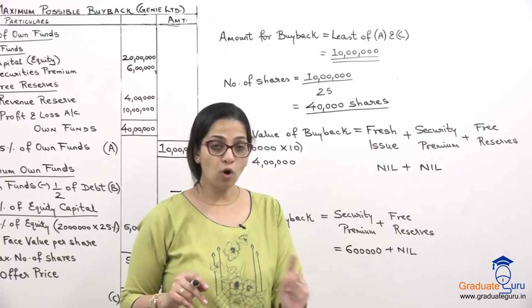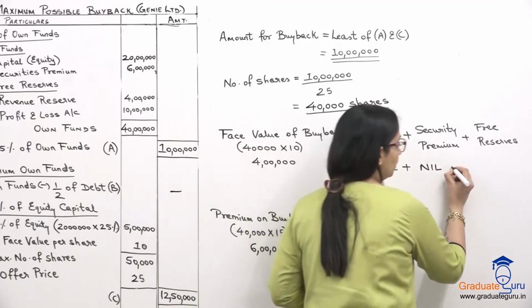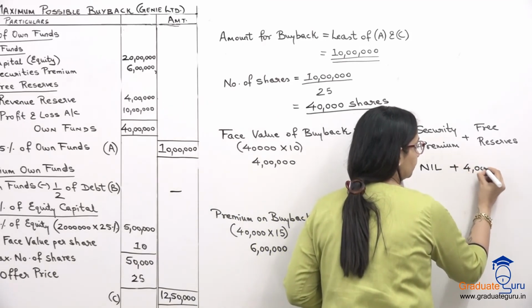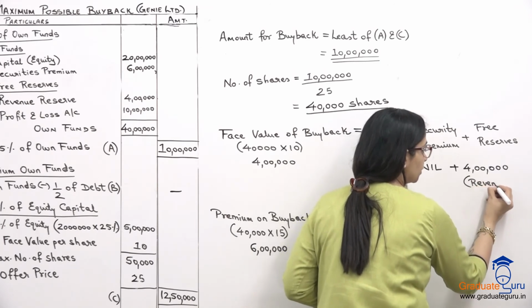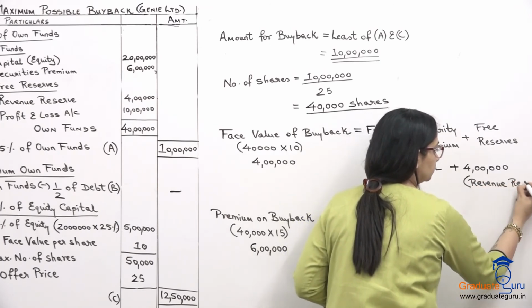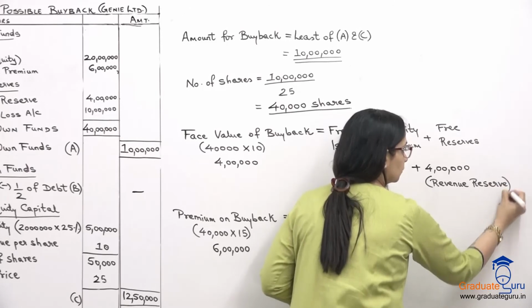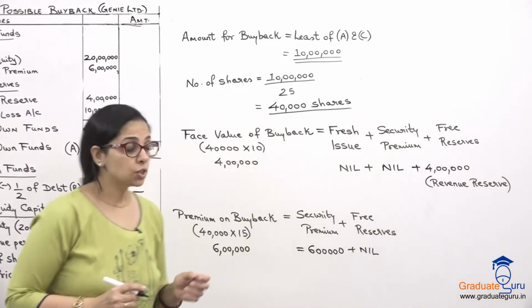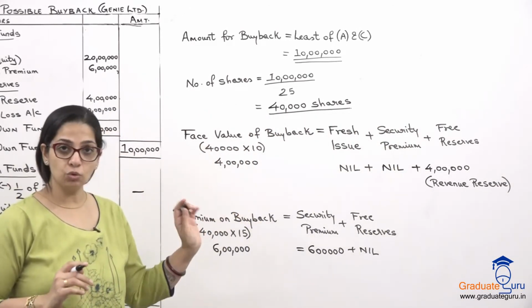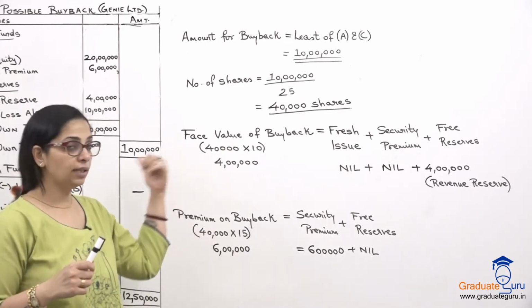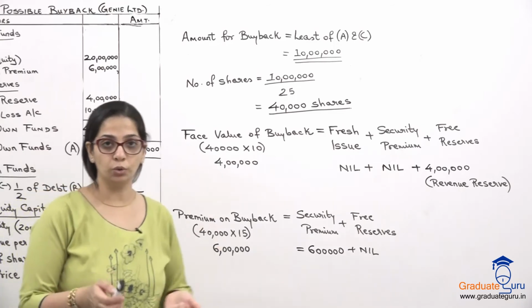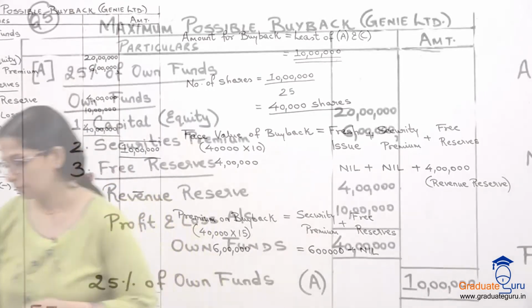Okay. So 4 lakh full will come from revenue reserve. So this will come from revenue reserve. Okay. So we have all our amounts ready as usual. We have to now pass journal entries. But before that, take this whole thing down and then we'll go to the journal entries.